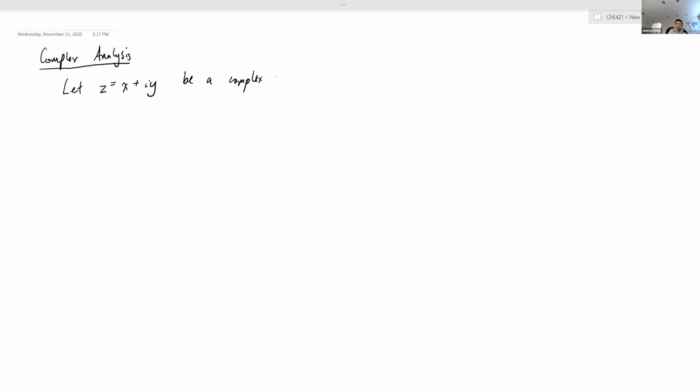So let this be a complex number. Okay. That means that, as I mentioned, x is the real component of z. That's usually denoted like that. And y is denoted as the imaginary component. Okay. And of course, x and y are real numbers.